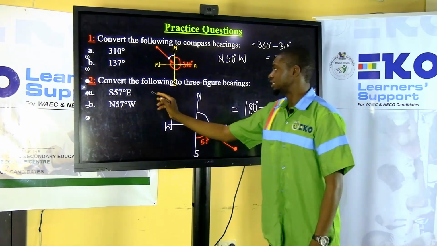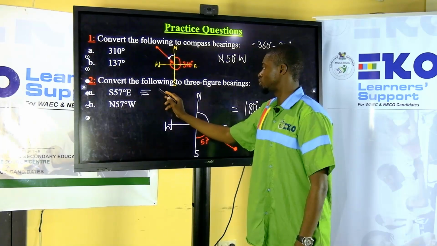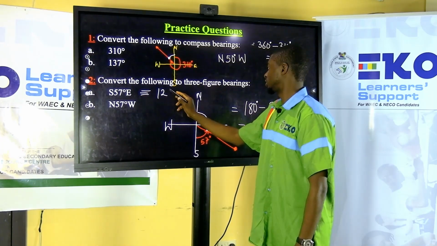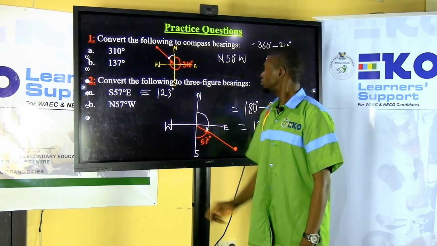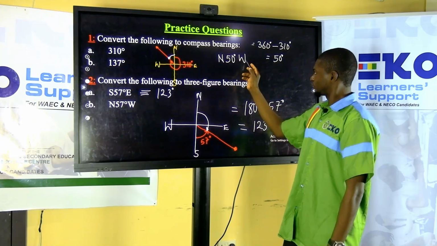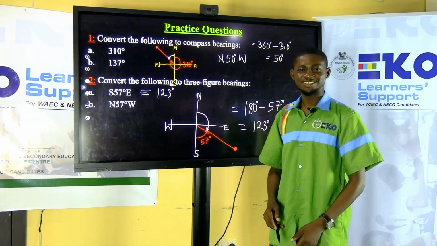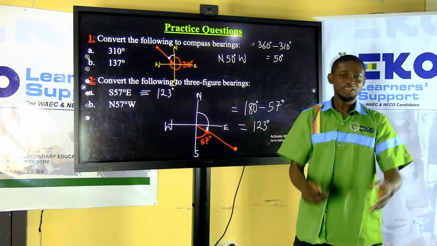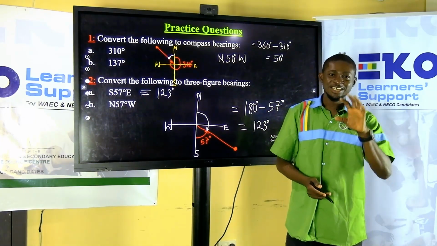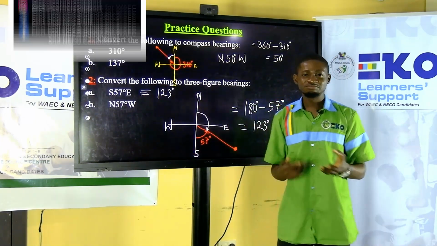So this is equivalent to 123 degrees. And you know, if this is northwest 50 degrees, you already know that this is going to be close to this. Fantastic.